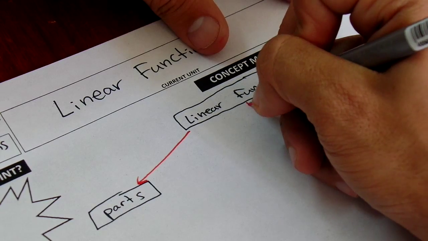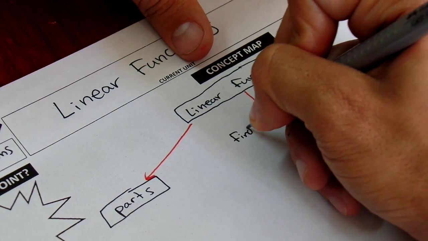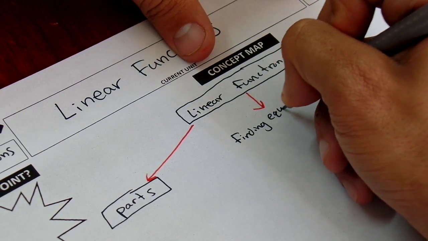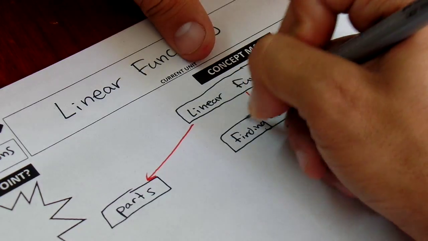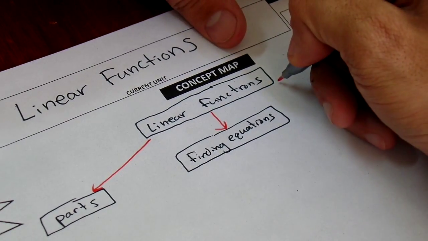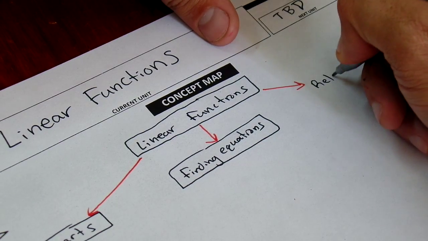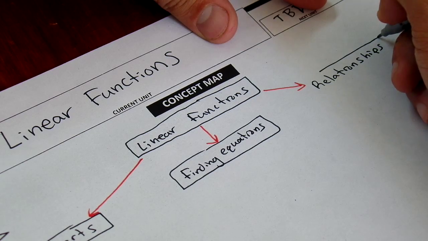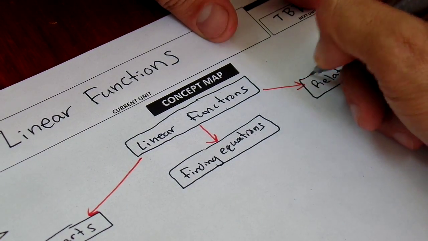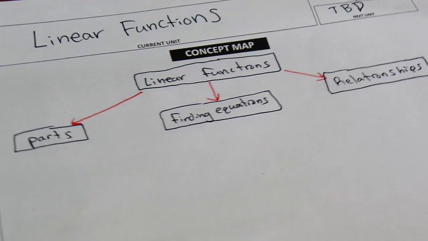Next, we're going to look at finding equations. And lastly, we're going to look at relationships. Not all of them, but some. Okay? So with our linear functions unit, we have three big ideas.